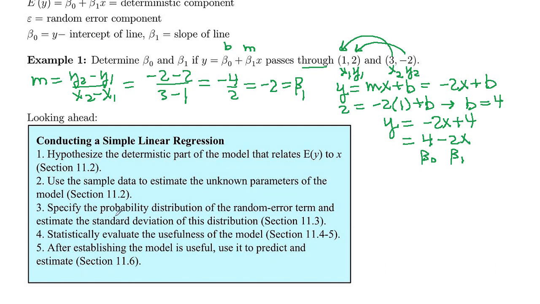Then we're going to specify the probability distribution of our random error term. That is our epsilon. And then we're going to estimate the standard deviation of that distribution. We do that in 11.3. Then we will statistically evaluate the usefulness of our model. So after we have our model, how good is it at predicting? And then after establishing that the model is useful, we're going to actually use it to predict and to estimate.